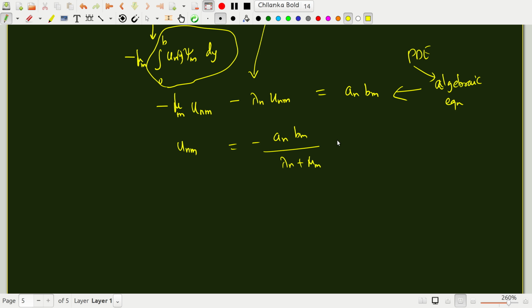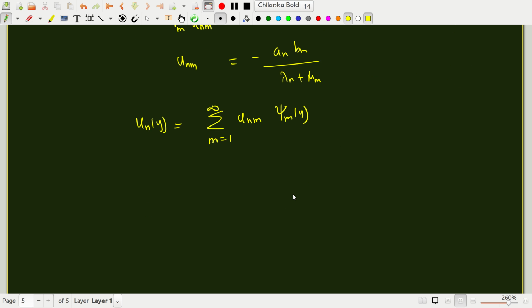Now once you know unm, you know what un of y is: nothing but summation m is equal to 1 to infinity unm psi m of y. Instead of unm, I'm going to put minus an bm by lambda n plus mu m, times psi m of y. Now this is un of y.